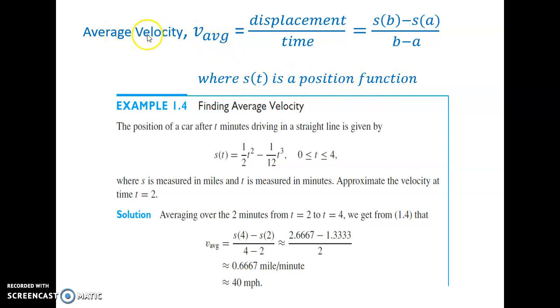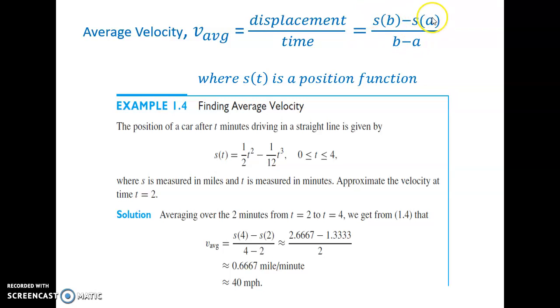Then the average velocity is exactly the same as the slope of the secant line. But the only difference here is that average velocity is displacement divided by time. So I put t equal to b, see (s(b) minus s(a)) divided by (b minus a).